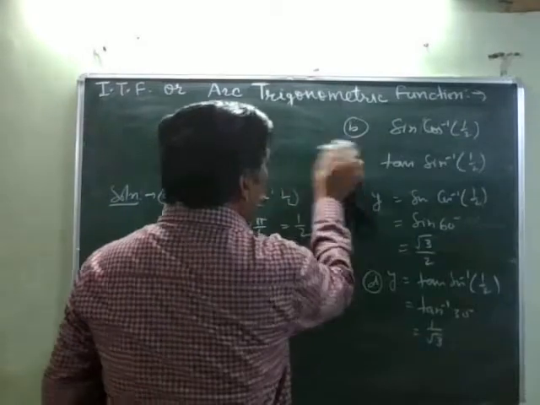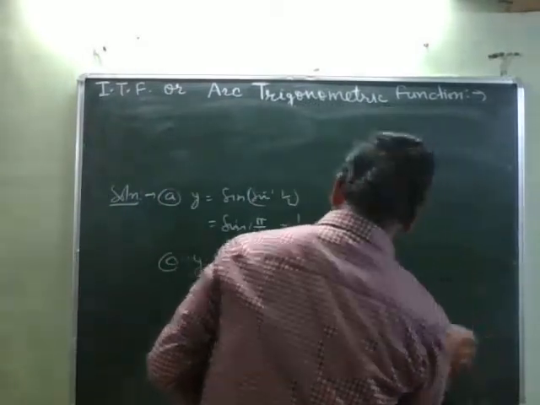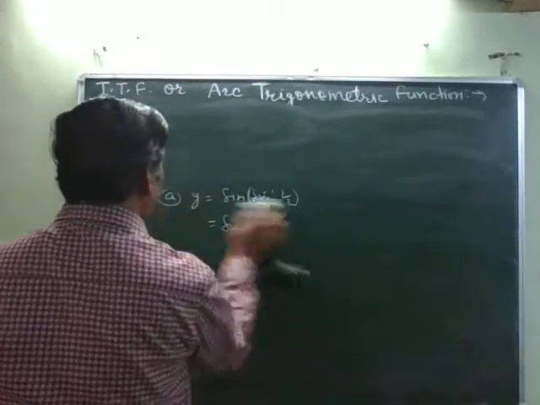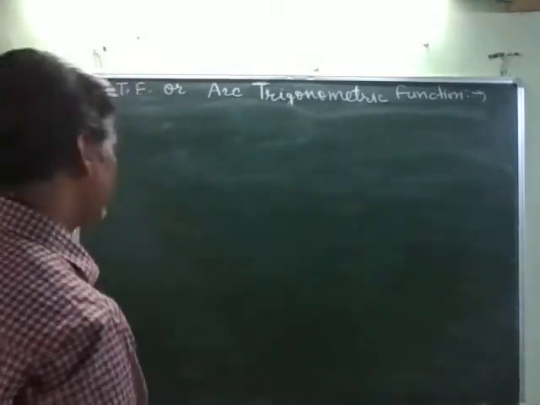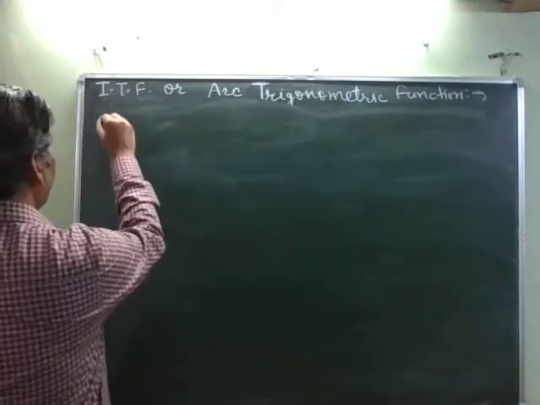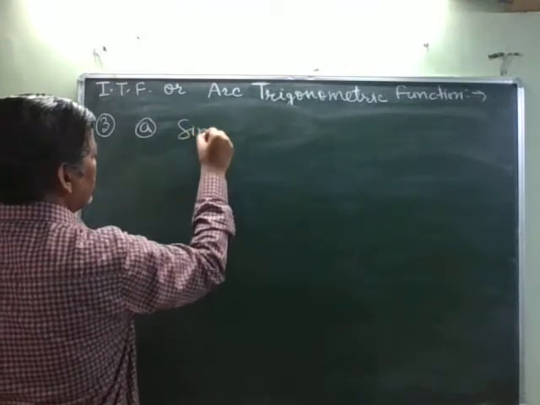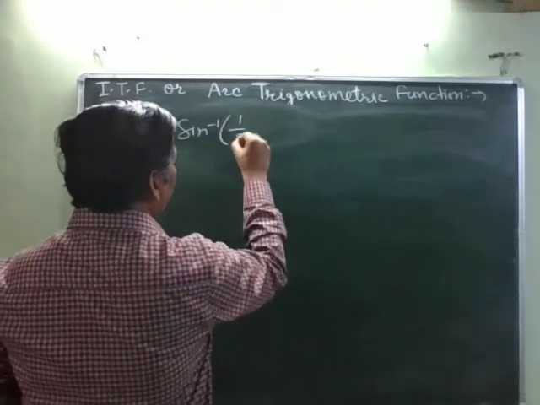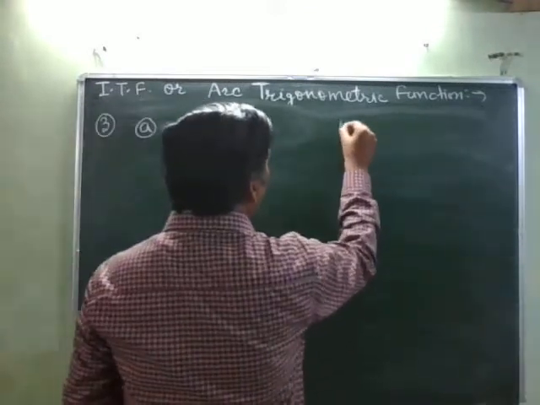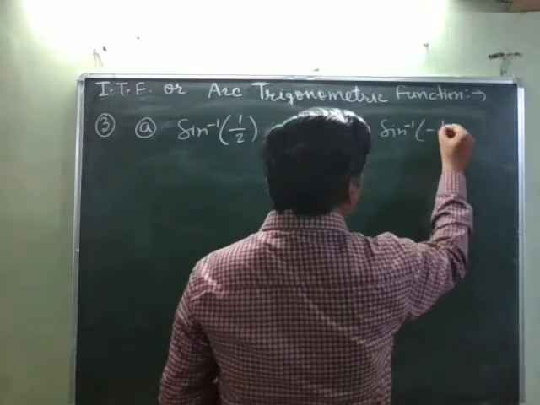Question number 3. Find the principal value of the following inverse trigonometric functions. Part A, sine inverse 1 by 2. Part B, sine inverse minus 1 by 2.